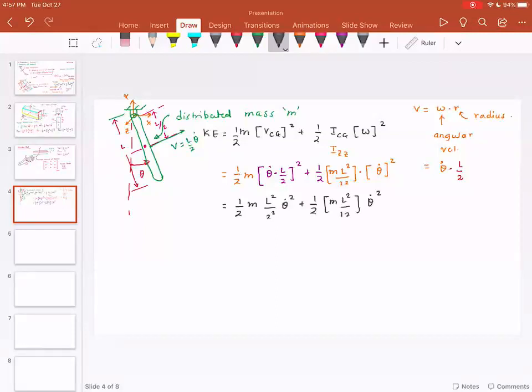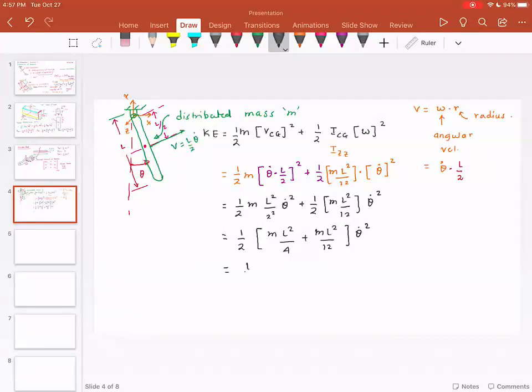So this expression can now be written as 1 half m L square by 4 plus m L square by 12, theta dot square.